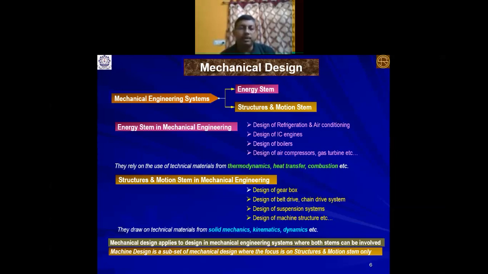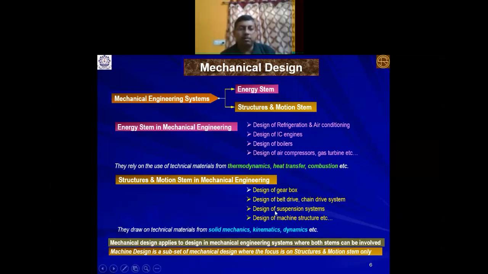And that is why in the undergraduate course we cover this sort of thing: design of shaft, design of coupling, design of different gears, design of springs, belt drive, chain drive, brake, clutch. So this structure and motion stem of mechanical engineering has been covered in machine design, and that is why machine design is a subset of the total mechanical engineering system design.